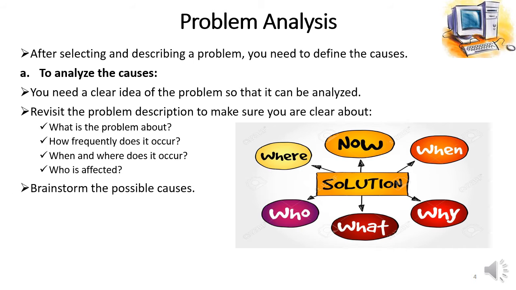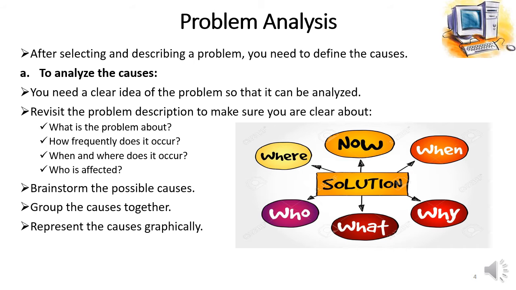Brainstorm the possible causes. So we have to think about all the possible causes, and then we group the causes together. Represent the causes graphically, means that you have to make a map for yourself to make it more clear and understandable.